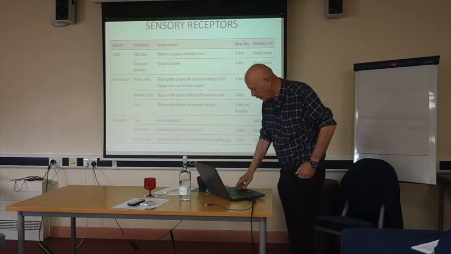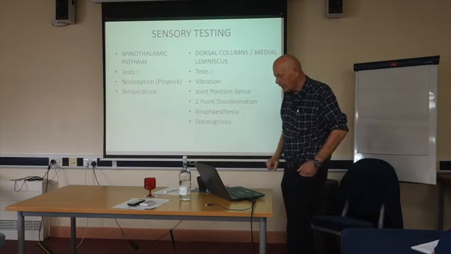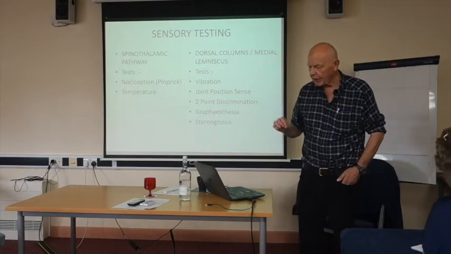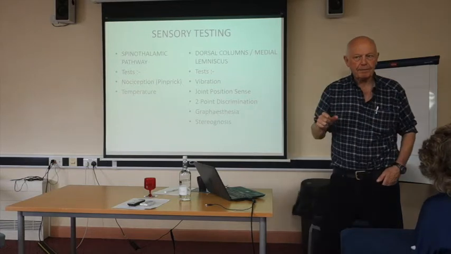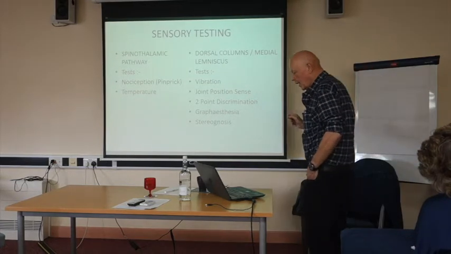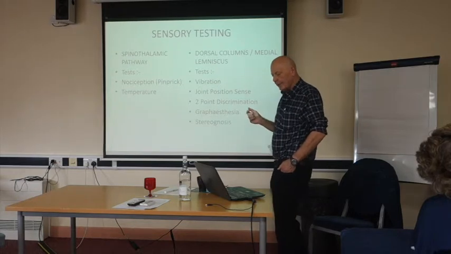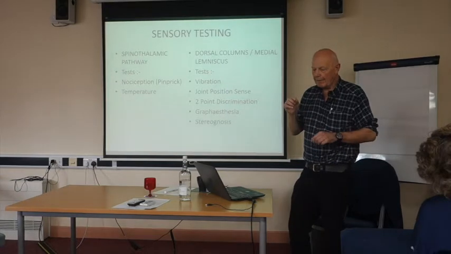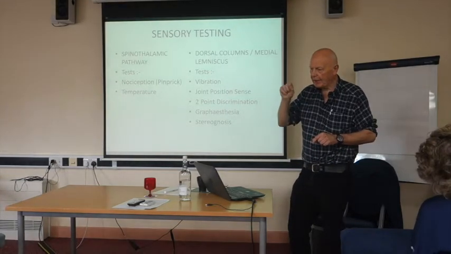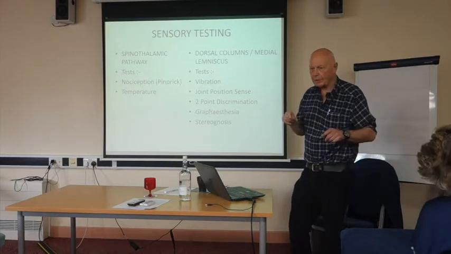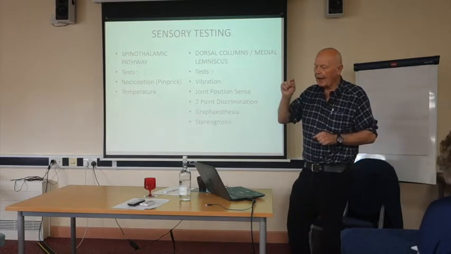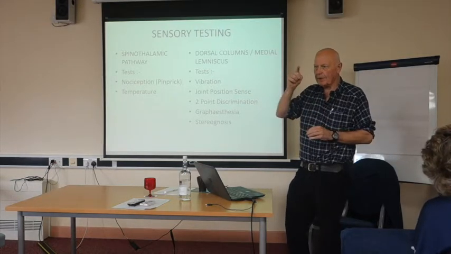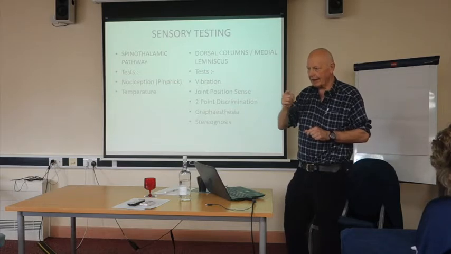Which is a long way of saying that when we are doing sensory testing, we need to test both parts of the system. So when we're doing spinothalamic tests, we tend to use pinprick. The neuro testing pins that Claire was shown before have a specially designed end that's designed not to penetrate the skin, but to make a very small radius dent in it.